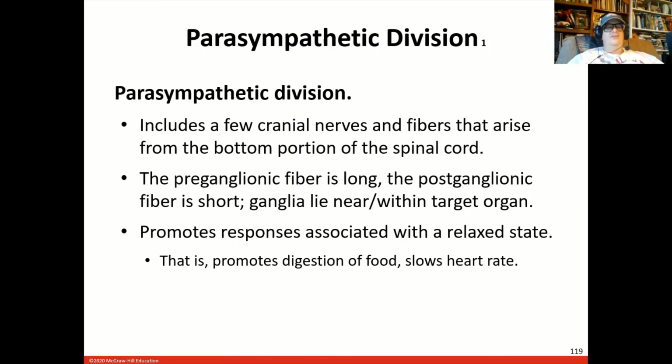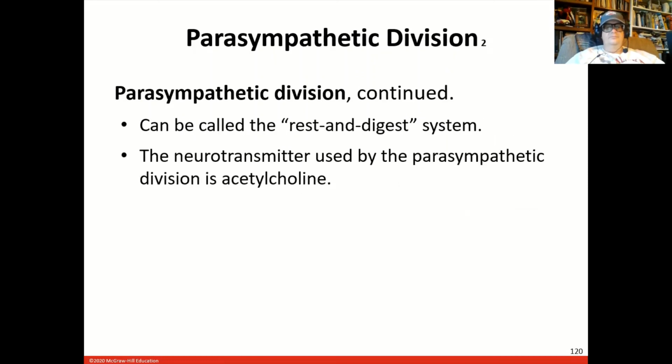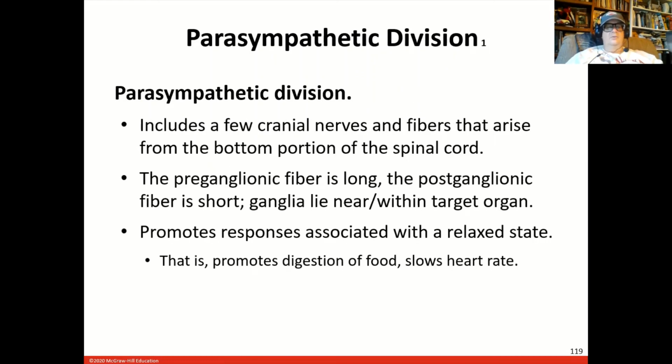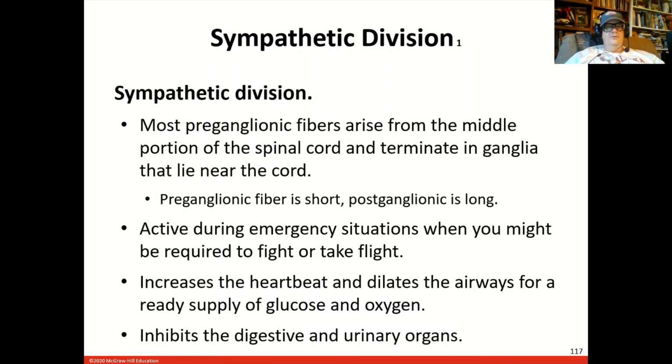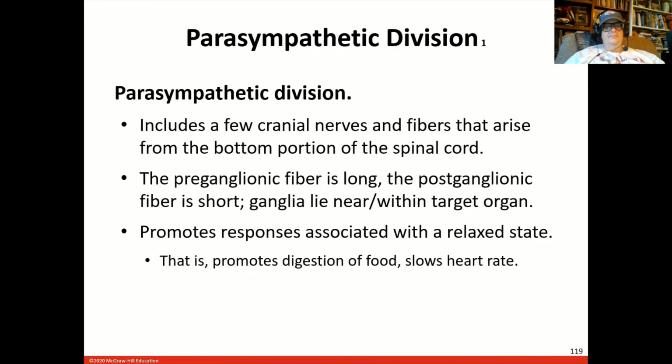So exact opposite of what you have in the sympathetic division. So in sympathetic, the ganglia is close to the spinal cord, and in parasympathetic, the ganglia is close to the target organ.